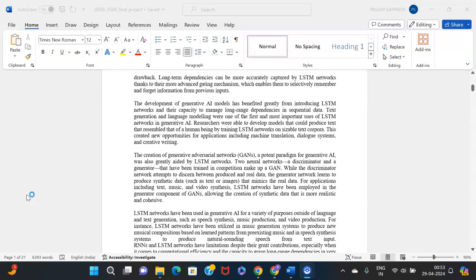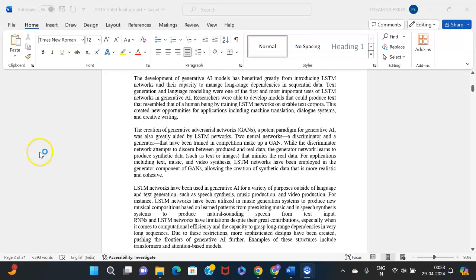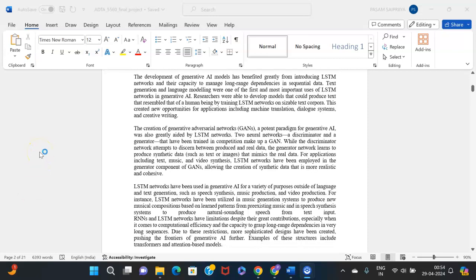The development of generative AI models has benefited greatly from introducing LSTM networks and their capacity to manage long-range dependencies in sequential data. Text generation and language modeling were one of the first and most important uses of LSTM networks in generative AI.